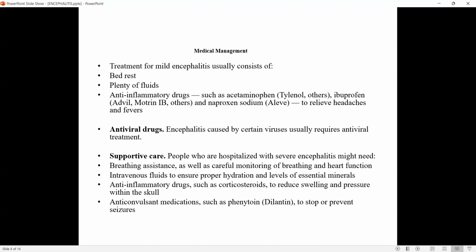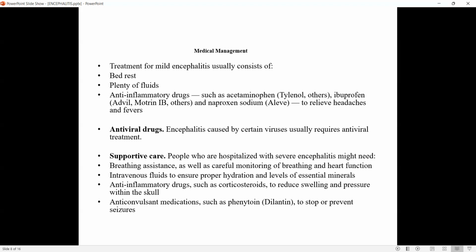Supportive care: people who are hospitalized with encephalitis might need breathing assistance as well as careful monitoring of breathing and heart function, intravenous fluids to ensure proper hydration and levels of essential minerals.